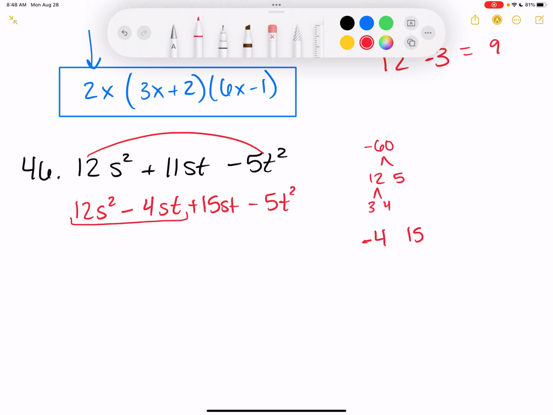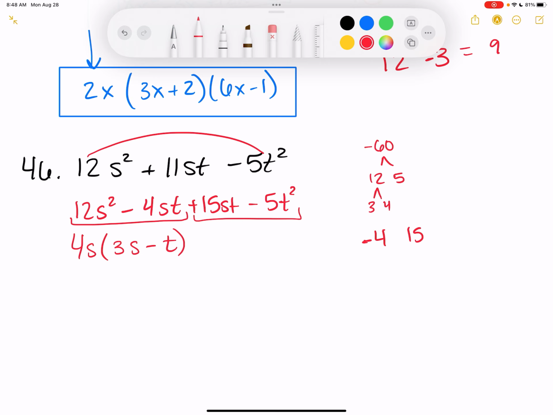So factor by grouping, what do I take out of the first group? 4s. And that leaves me with 3s minus t. What do I take out of the second group? 5t.